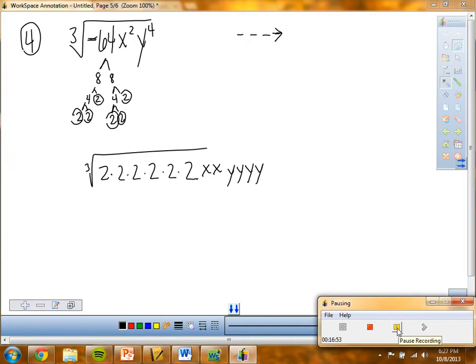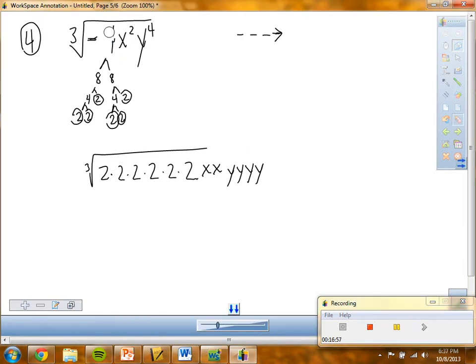We're actually going to change this and make this negative 128, which would give us one more 2 times 2. And we know that we have our negative. So here I want to find groups of 3. So I have 1, 2, 3. So I know one group of 2 is coming out. I have 1, 2, 3. I know another group is coming out.